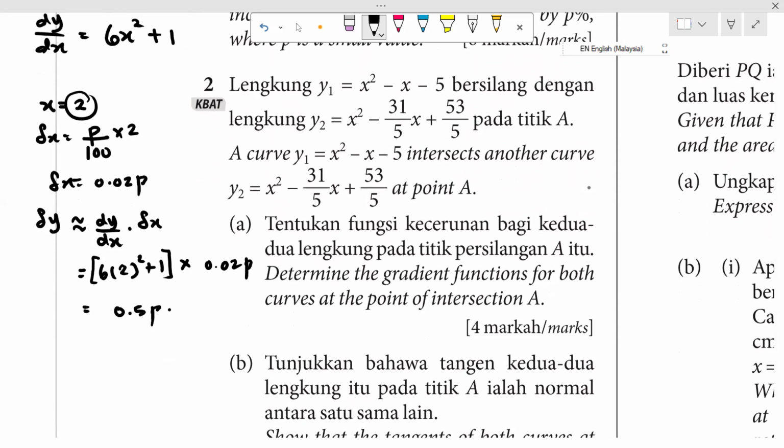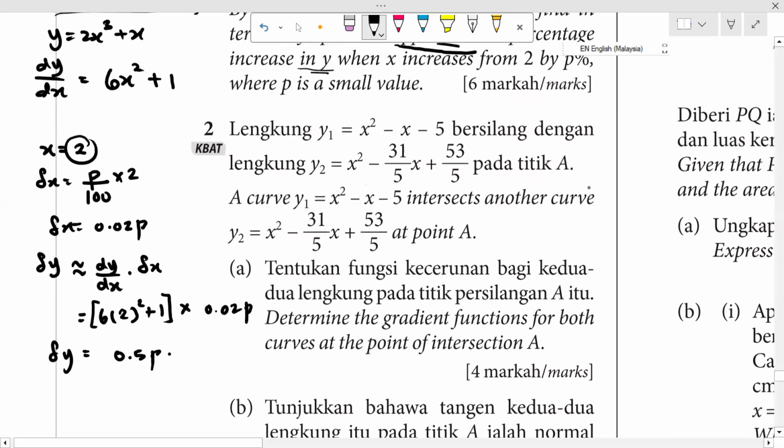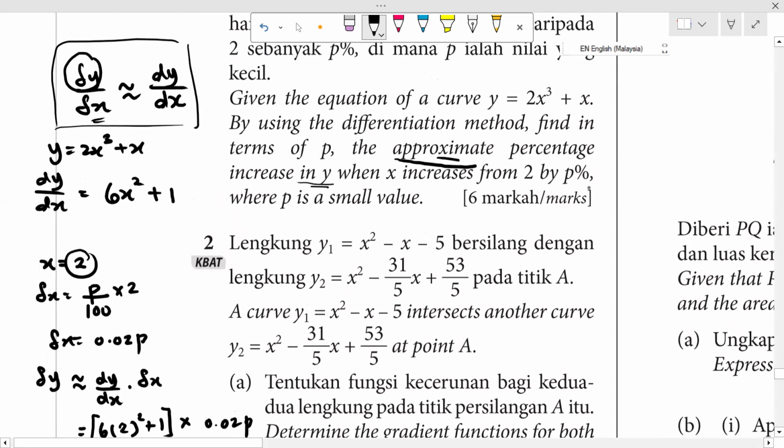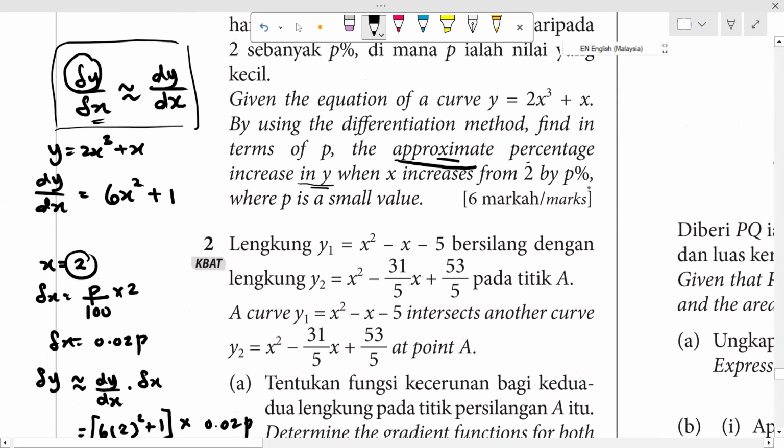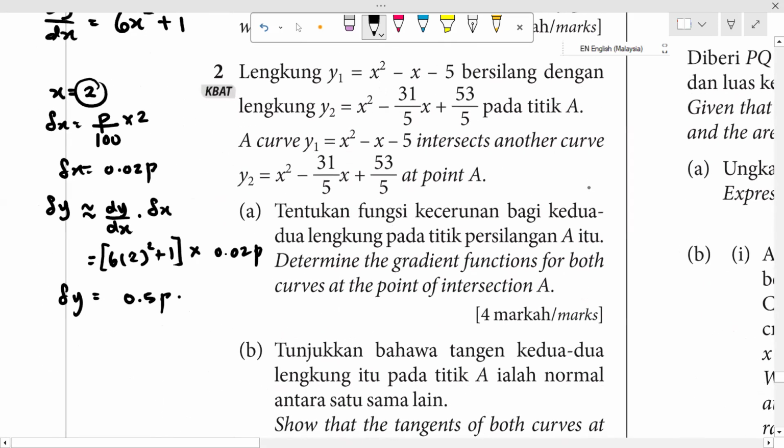Okay, this is not the answer yet. The increment is 0.5p, but we want the approximate percentage increase. If this is del y, then I need to find out what is the y value, because the percentage of del y will be del y over y times 100%. Don't forget this. Okay, already know the del y, which is 0.5p, but then what is y?